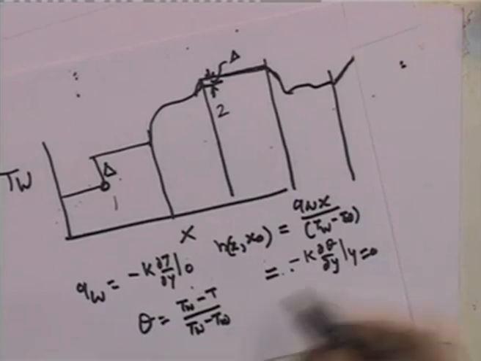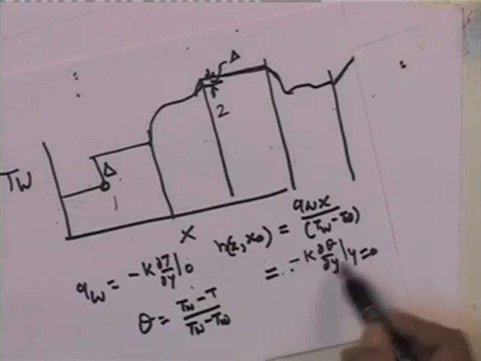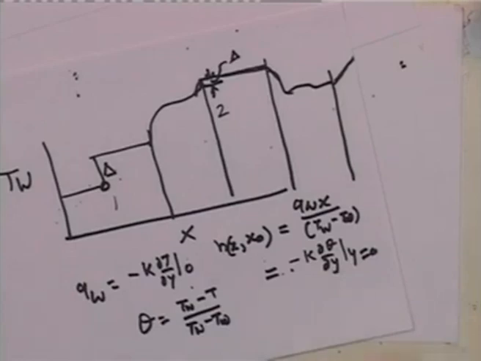So, therefore, you will get this as d theta by dy at y equal to 0.